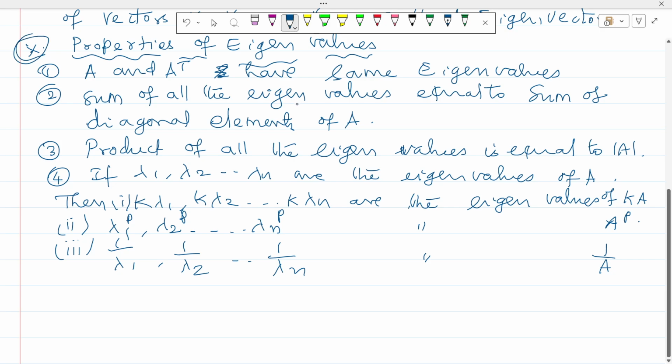Based on the properties of eigenvalues, compulsorily one problem will come.